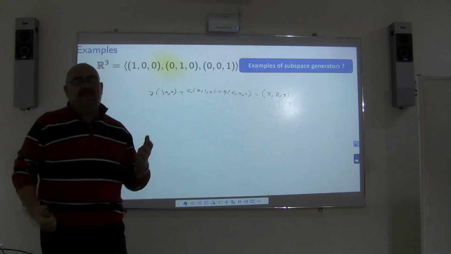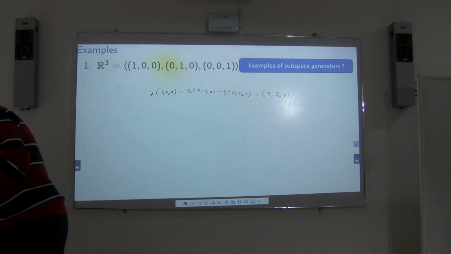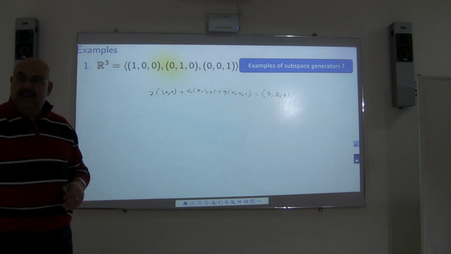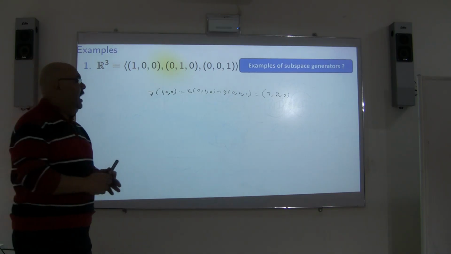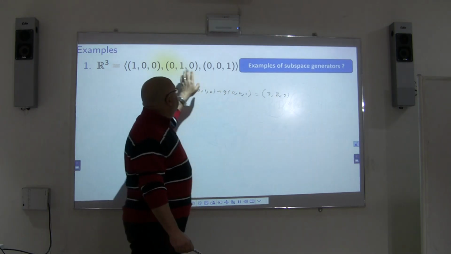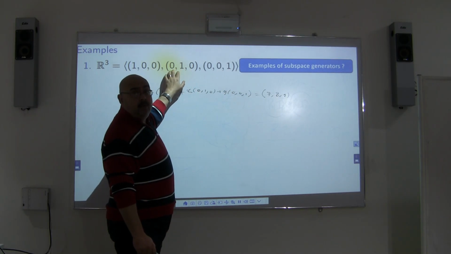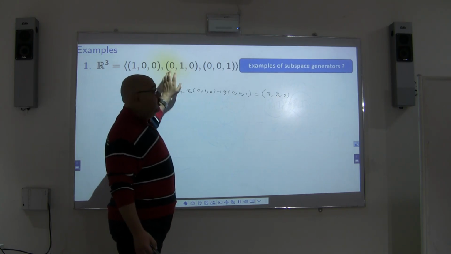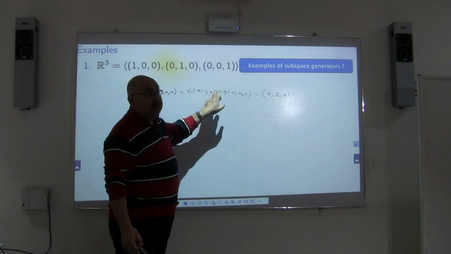Think about any vector that you want to have, just replace the values of alpha 1, alpha 2, alpha 3, and you will get your vector. So actually, this vector 7, 8, 9 is generated from this canonical basis, or this set of vectors, by just choosing alpha 1, alpha 2, alpha 3.